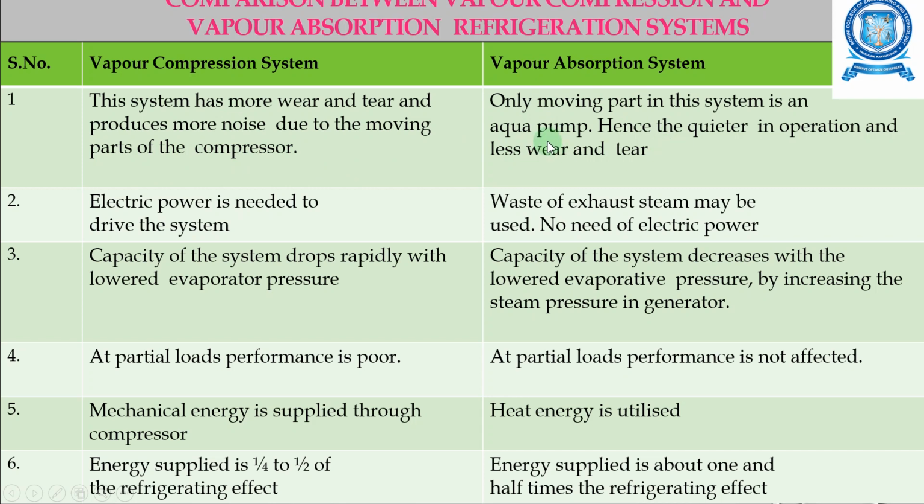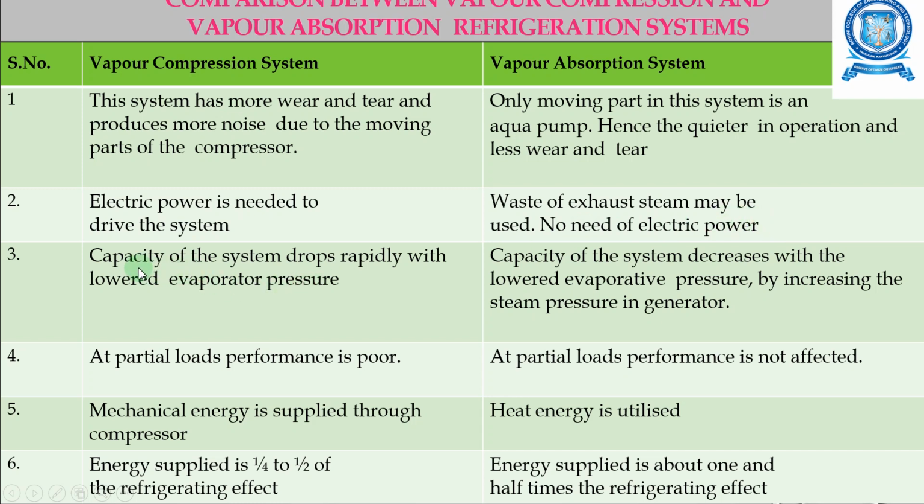In the vapor absorption system, the only moving part is the aqua pump, hence it is quieter in operation and has less wear and tear. Coming to the vapor compression system, the second point: electrical power is needed to drive the compressor unit. In the vapor absorption system, waste or exhaust steam is used, so there is no need for electric power.